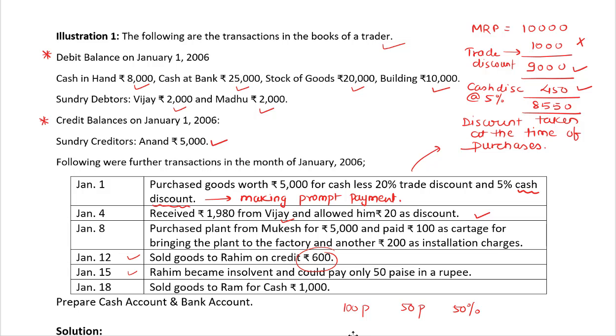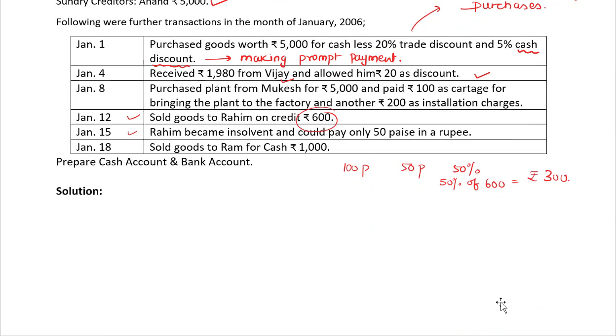So 50% of 600 equals rupees 300. Rahim became insolvent. Okay. On January 18, sold goods to Ram for cash, that is 1,000.